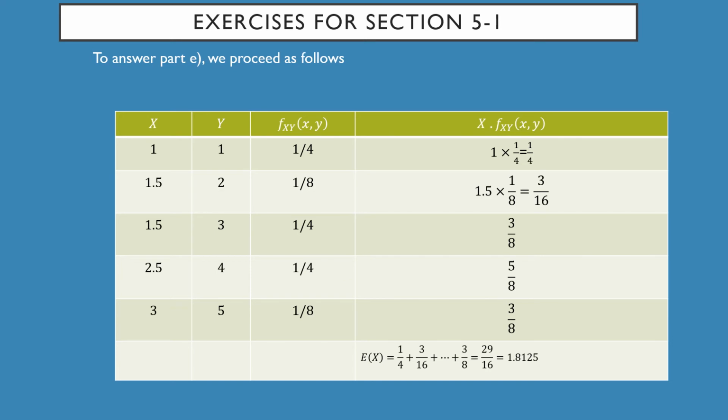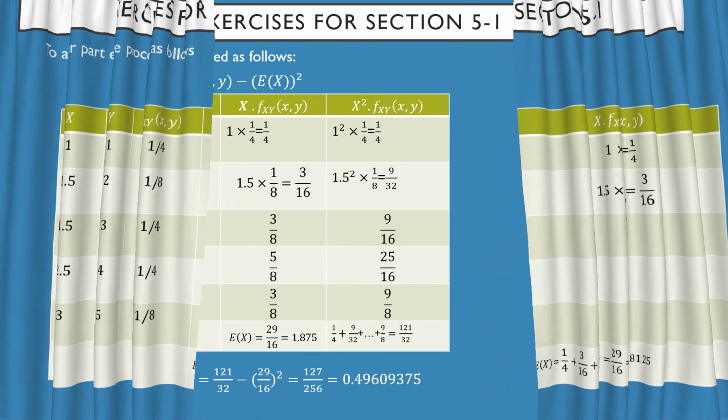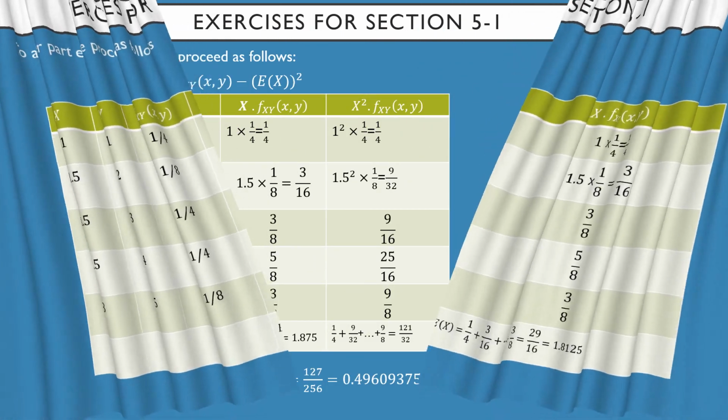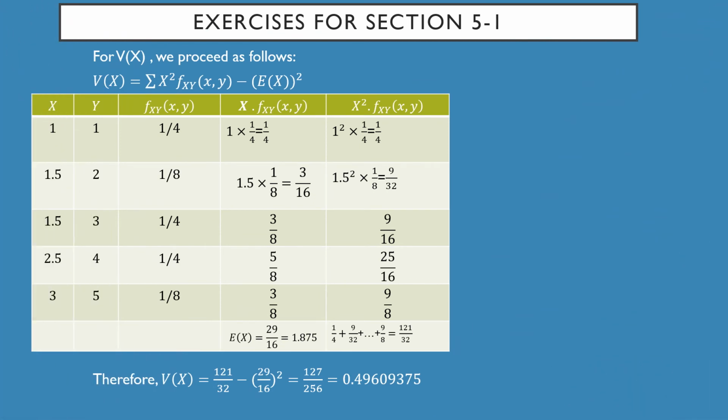So in the next slide, for variance of x, we proceed as follows. This is the rule for variance. Variance of x equals sum of x square into f minus mean of x whole power 2.